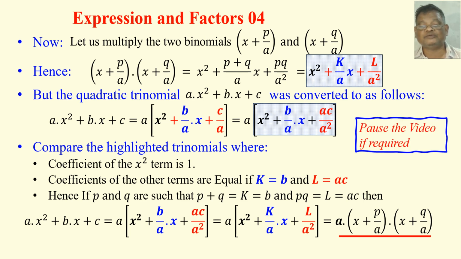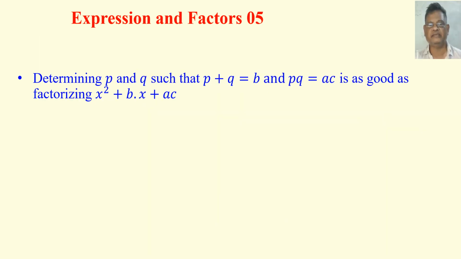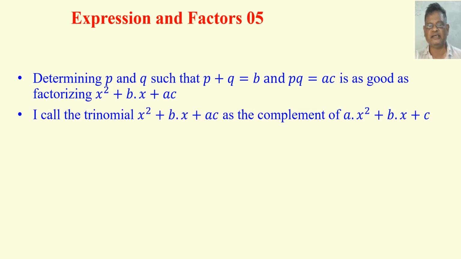Pause the video if required. Determining p and q such that p plus q is equal to b and pq is equal to ac is as good as factorizing x squared plus bx plus ac. I call the trinomial x squared plus b into x plus ac the complement of ax squared plus bx plus c.